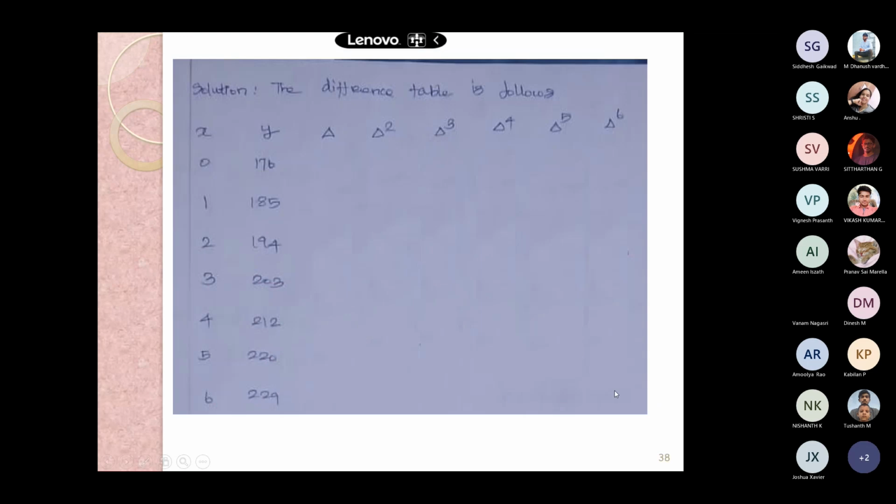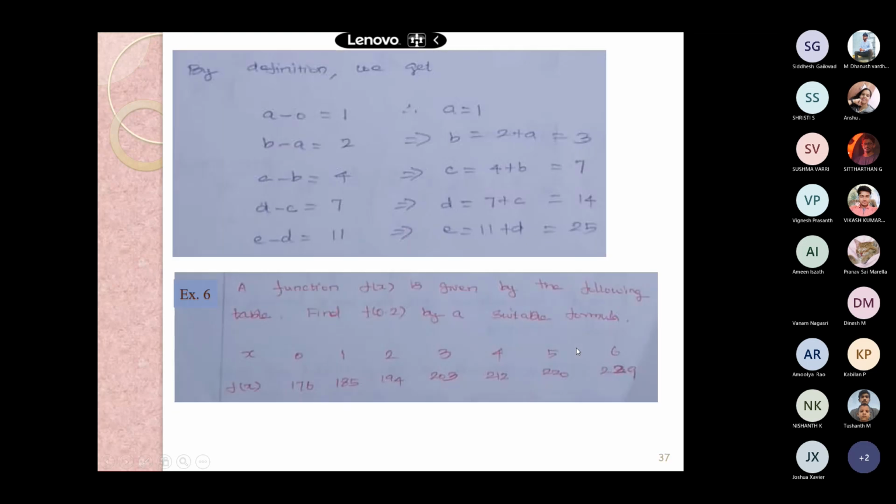This is the data given. When x is equal to 0, f of x is equal to 176, and when x is equal to 1, f of x is equal to 185, and so on till x is equal to 6, where f of x is 229.